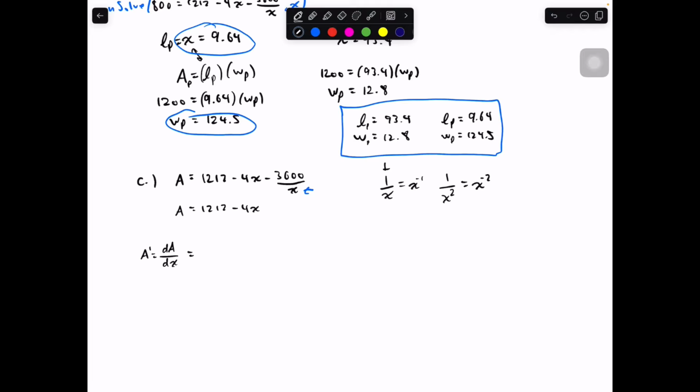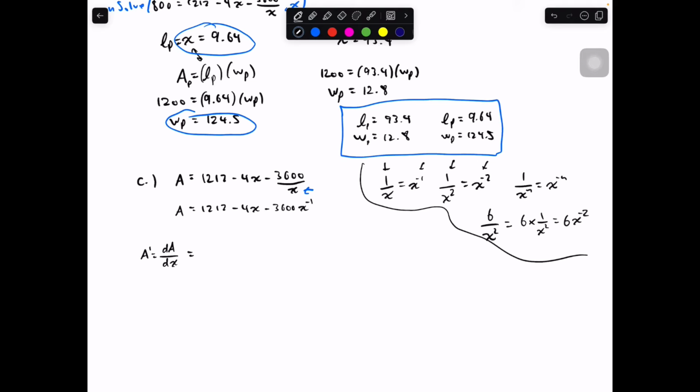So 1 over x is equal to x to the negative 1. 1 over x squared is equal to x to the negative 2, or 1 over x to the n is equal to x to the power of negative n. And it doesn't really matter if we have, let's say, 6 over x squared. That's the equivalent of 6 times 1 over x squared, which would be 6 times x to the negative 2. Let's use that same idea to convert this. This will be negative 3600, and then we'll have x to the negative 1.